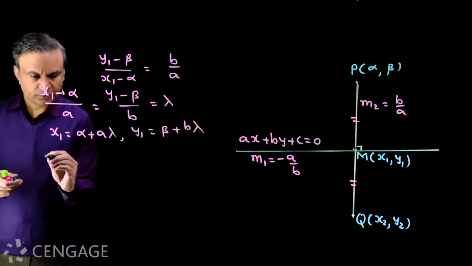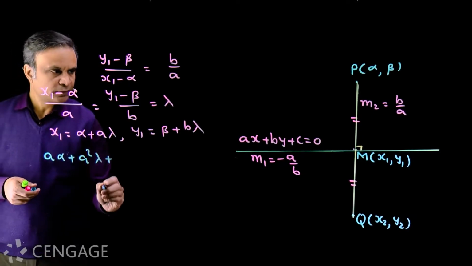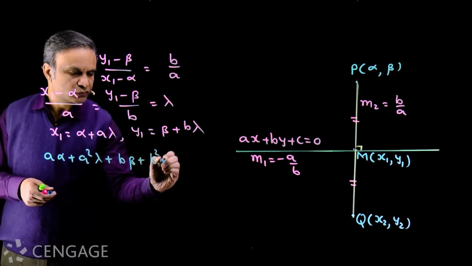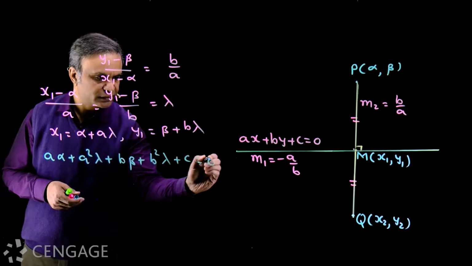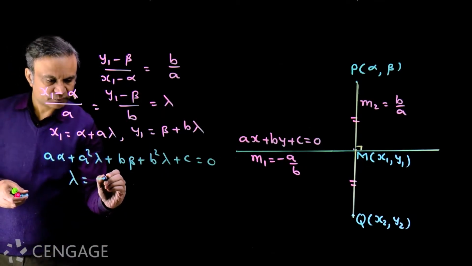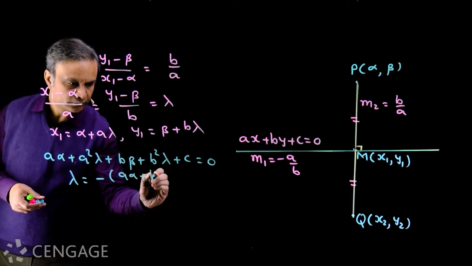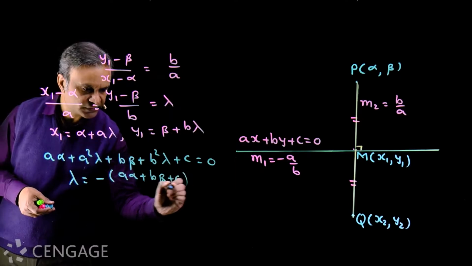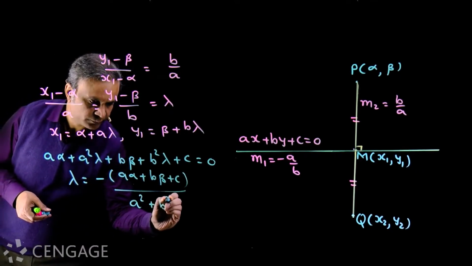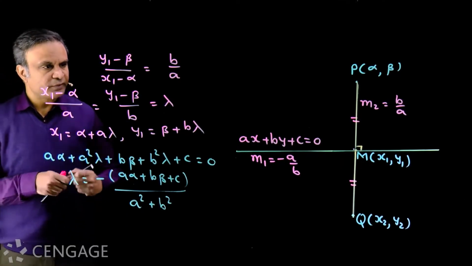So we have a alpha plus a square lambda plus b beta plus b square lambda plus c is equal to 0. From this, the value of lambda is minus inside bracket a alpha plus b beta plus c over a square plus b square. Put this value of lambda here.